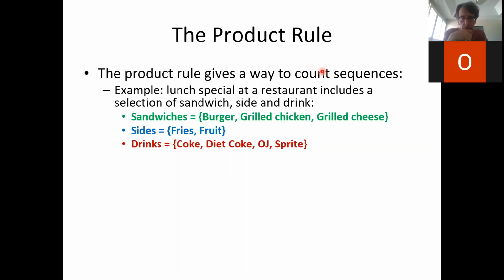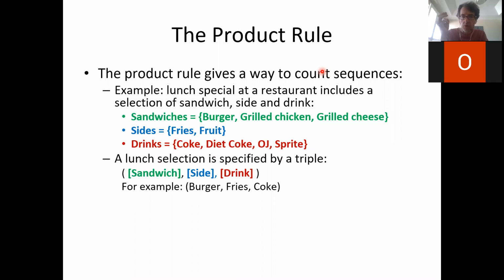So let's start with an example. Let's say a lunch is defined by selection of three things: a sandwich, a side, and a drink. A lunch selection means you choose a sandwich, you choose a side, and you choose a drink. Now you're asked, how many lunch selections are there?